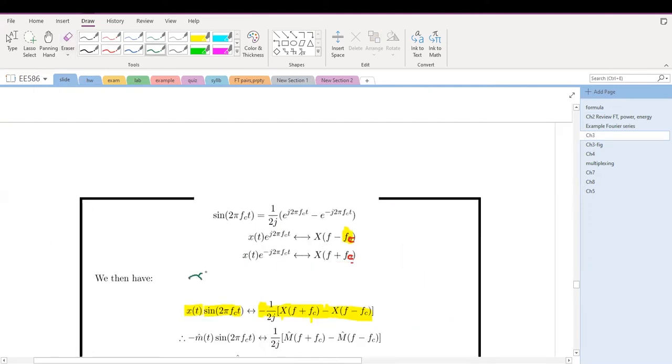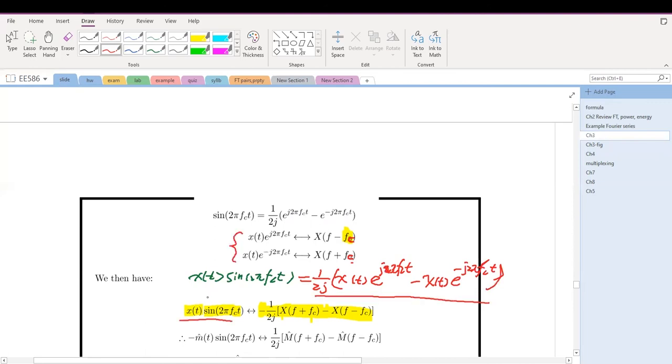So therefore we can see x of t multiplied by sin 2 pi fc t equals 1 over 2j times x of t e to the power j 2 pi fc t, minus x of t e to the power minus j 2 pi fc t. Right?